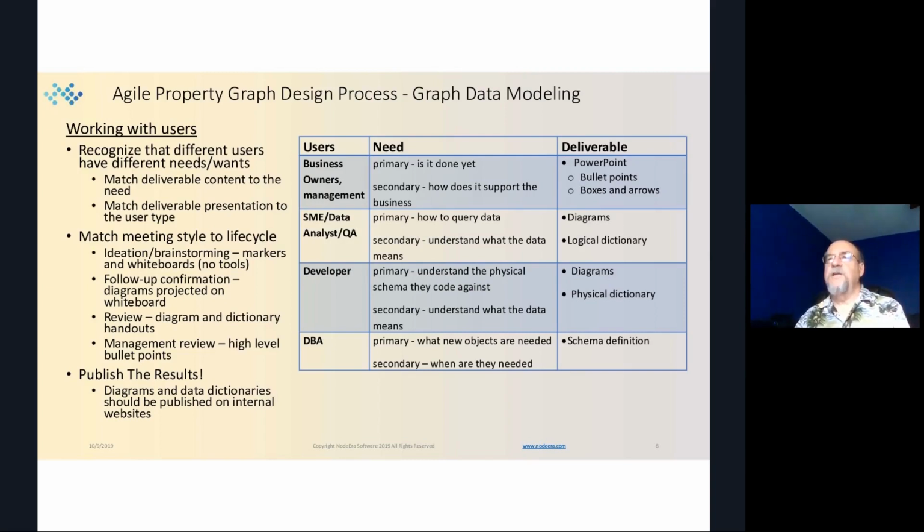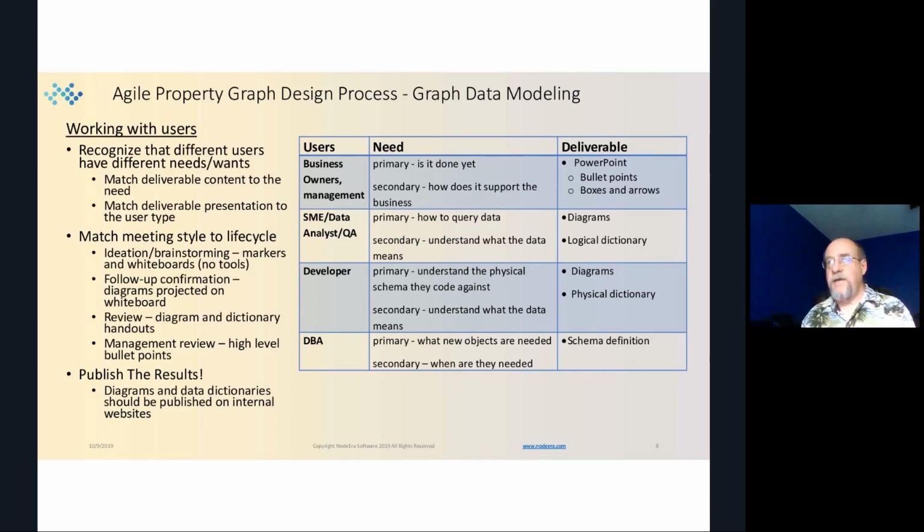Developers start to get a little more technical. They care about these items as well, but they also want to understand, what's the physical schema, what's the business rule constraints that I'm programming against. And for Neo4j, this is really important because there's not a lot of business rule enforcement in the database.